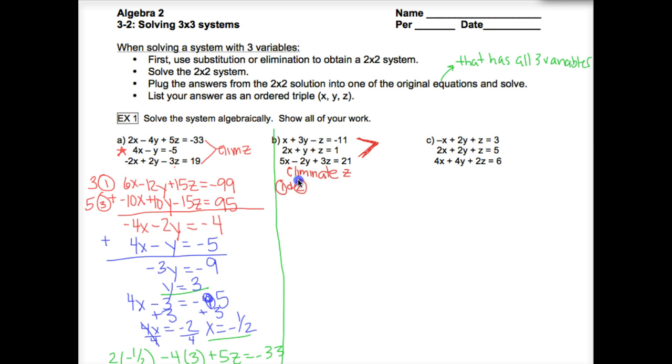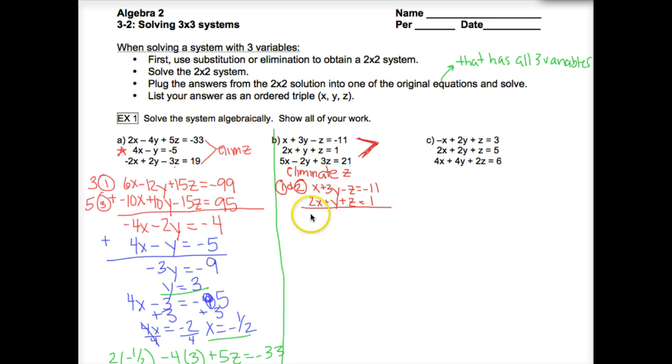I don't have to multiply them by anything because they already have opposites here. So if I'm using equation 1 and equation 2, all I'm going to do here is add straight down in my columns because that will eliminate my z's. So I'm just copying them, and then I'm going to eliminate the z's.